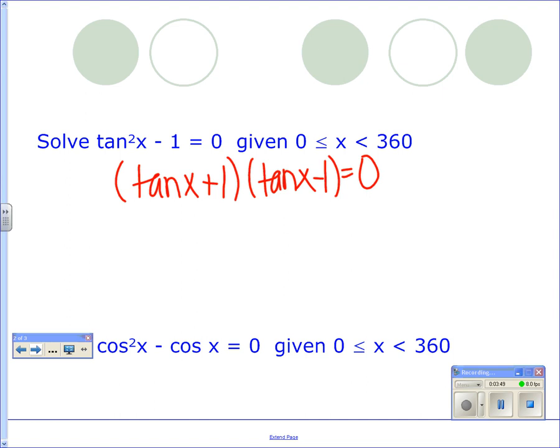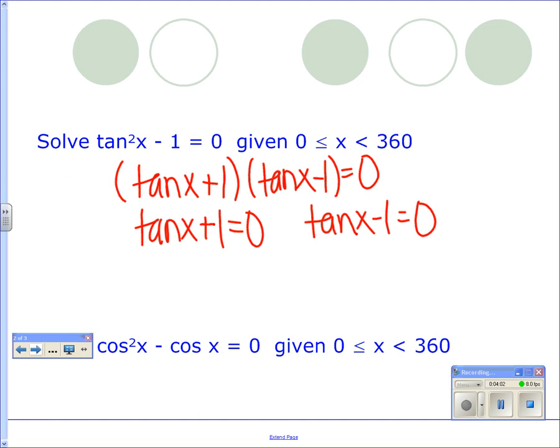Yes, set them each equal to 0. Both of the factors equal to 0. Y'all remember whenever you factor normally x squared plus 2x plus 1 equals 0, you would set them each equal to 0.